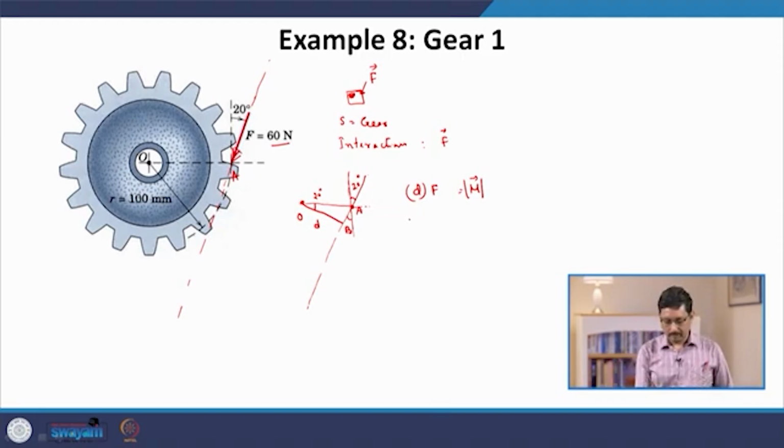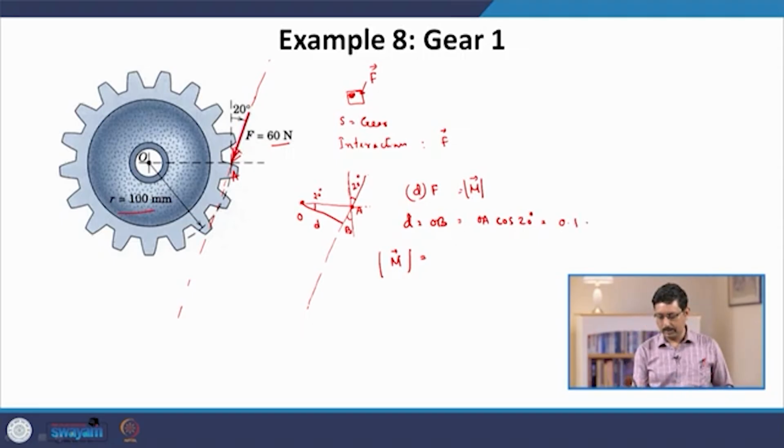Then d, which is OB in this triangle, is equal to OA times cos 20 degree. So, our magnitude of torque is equal to OA, which is given as the radius of this gear, 100 millimeter.